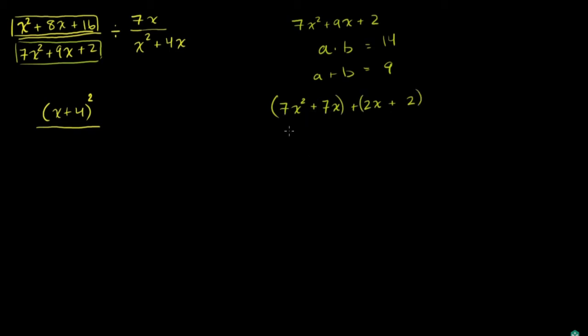Factor out a 7x over here. You get 7x times x plus 1. Plus, factor out a 2 here. 2 times x plus 1. And you get 7x plus 2 times x plus 1. We're undistributing that expression.